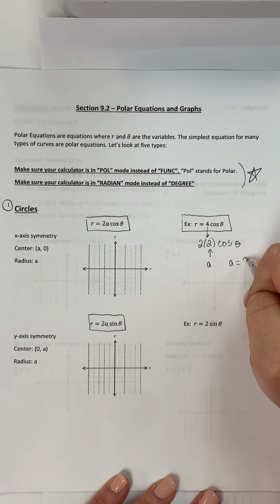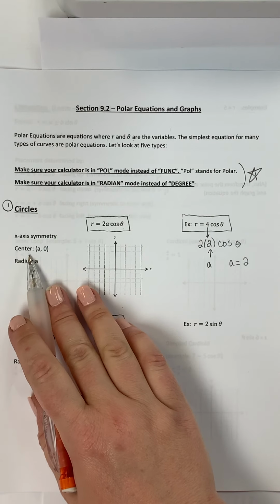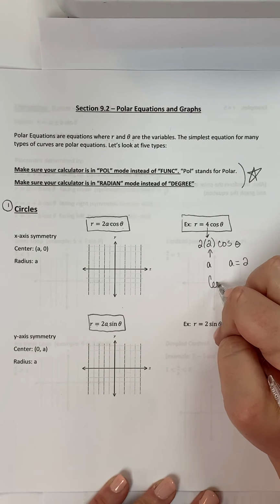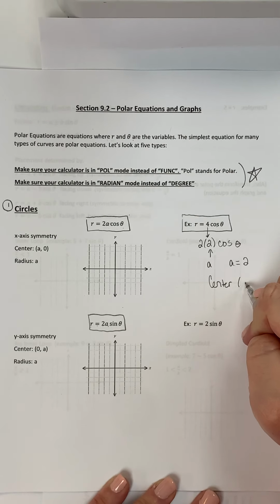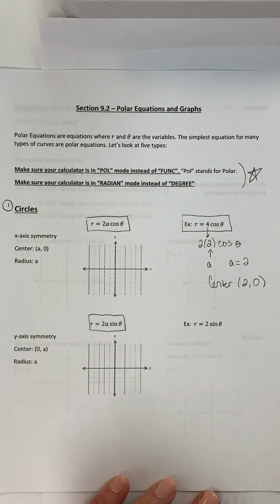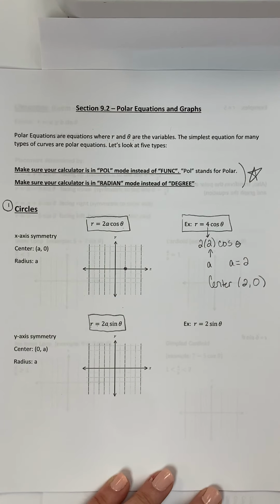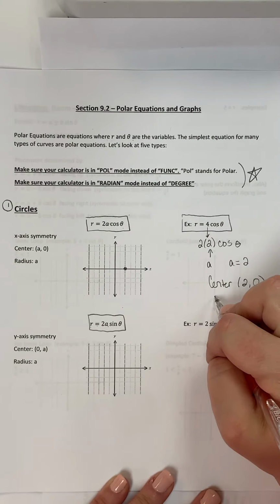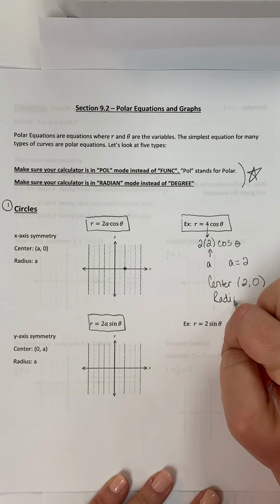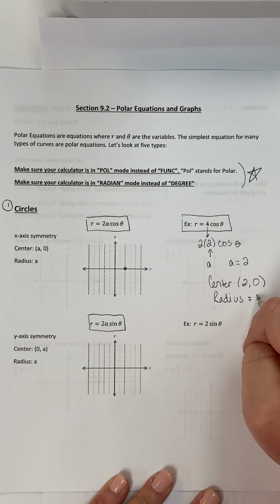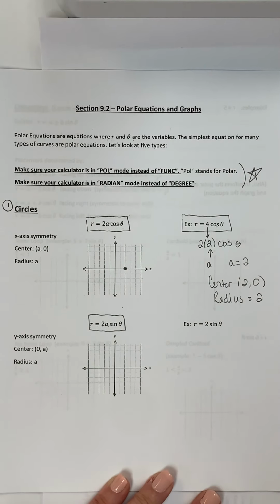So if a is 2, that means I have a circle here whose center should be at 2, 0. Okay, that should be my center. I also notice that I am going to have a radius for this circle of 2 because that's my a.